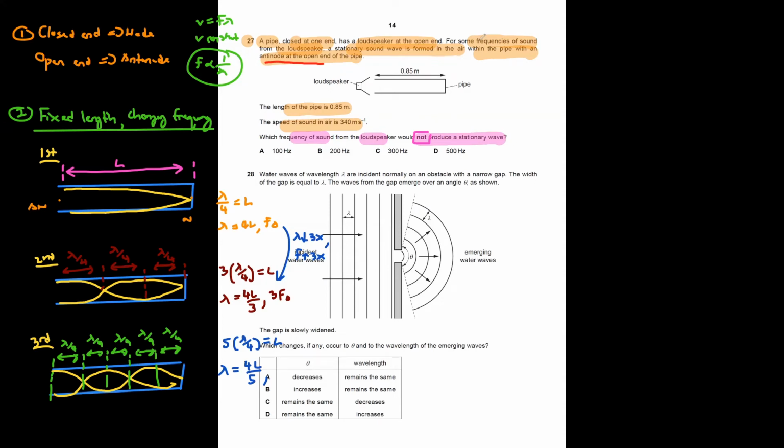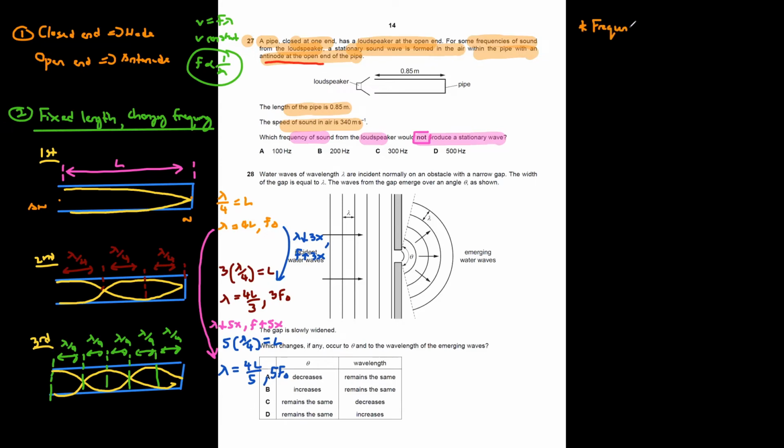You have to compare with the first formation of your stationary wave. You will notice that your wavelength has decreased by 5 times, from 4L to 4L over 5. So therefore, your frequency must increase by 5 times. The frequency that you expect to see here is 5F0.